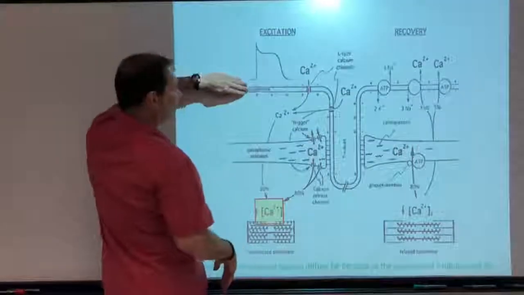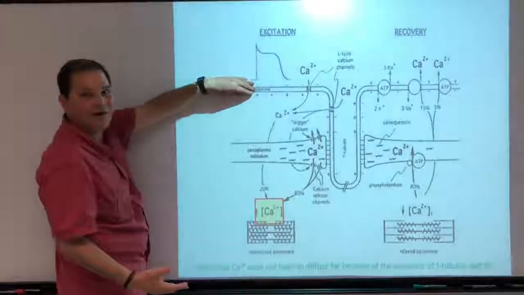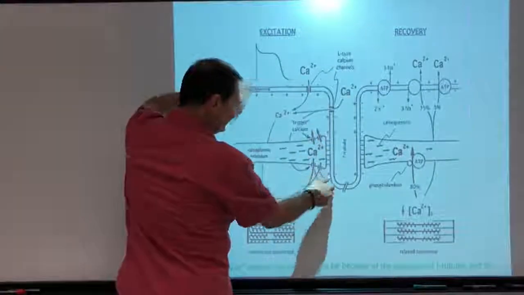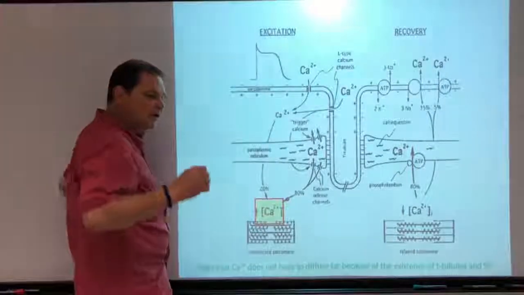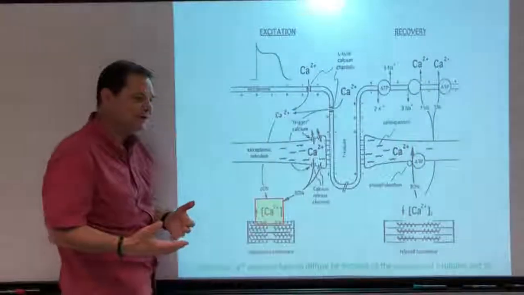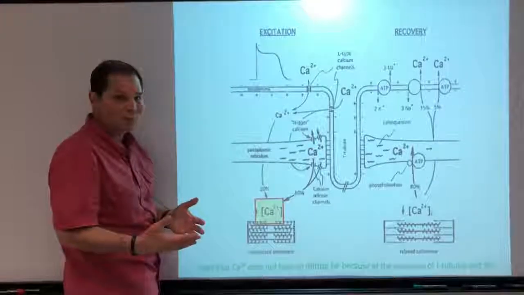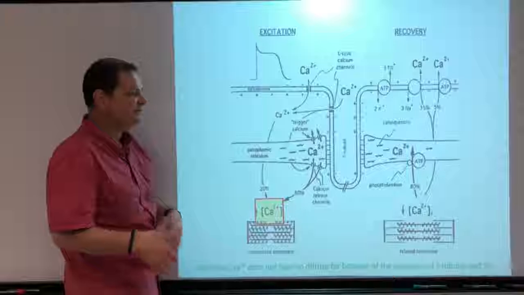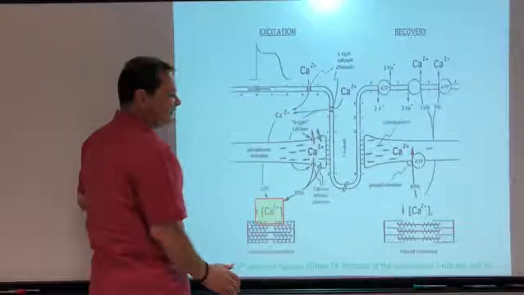If it had to diffuse from here, from the cell membrane, the surface membrane, it would take a long time. But if you can bring that calcium to the myofilaments, then it doesn't have to diffuse very far. And you know that when you're using diffusion to transport a substance, the distance of diffusion has to be very small. And the T-tubule keeps that distance small.